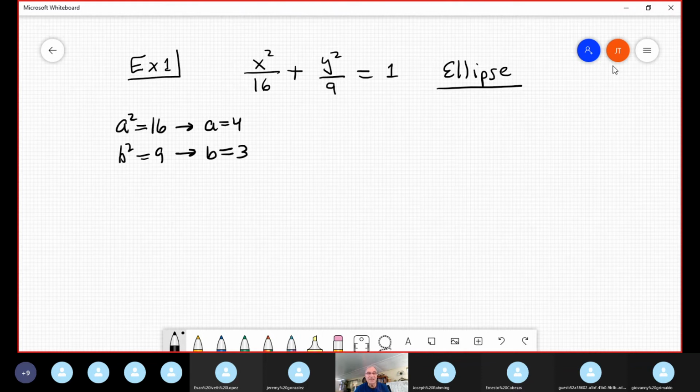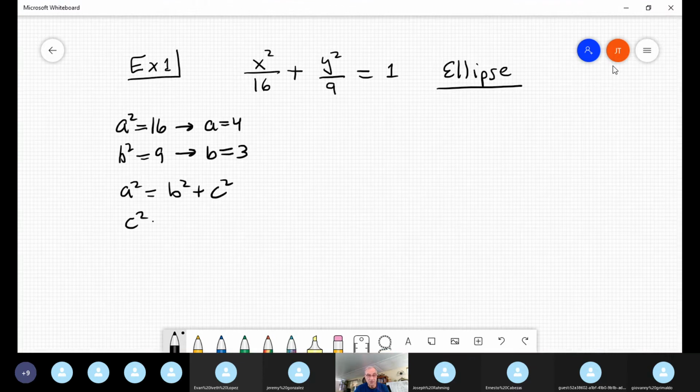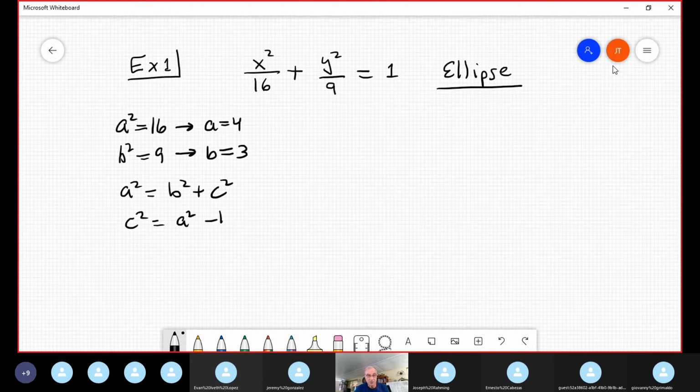Now you take A as the big one. And for C, the formula is A squared, the mnemonic device to remember the formula is, well, A, B, C, no? Another mnemonic device is that you remember that A is the bigger, okay? And B and C, no. So if you want to find C, it's A squared minus B squared.